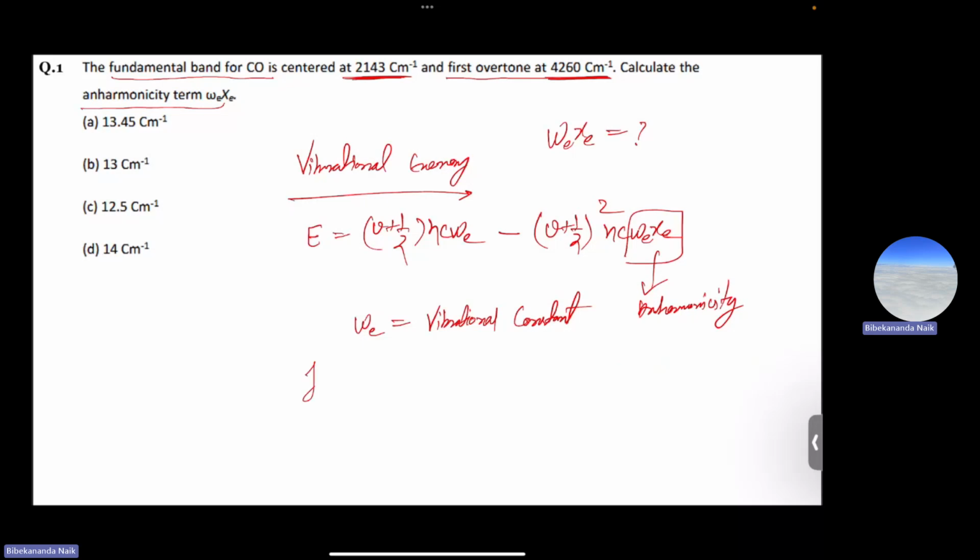Then the fundamental frequency corresponds to v0 to v1, and the first overtone will be v0 to v2. So you can use these values and calculate the value of omega e xe. I'll give you a few minutes to try this and then we will discuss. I'll be back in a few minutes.